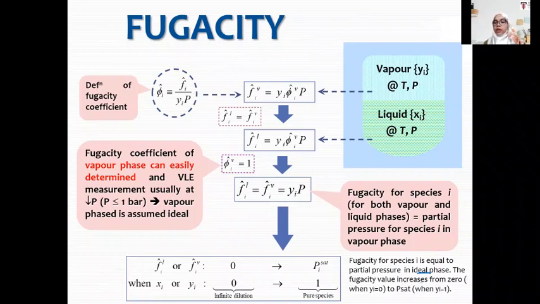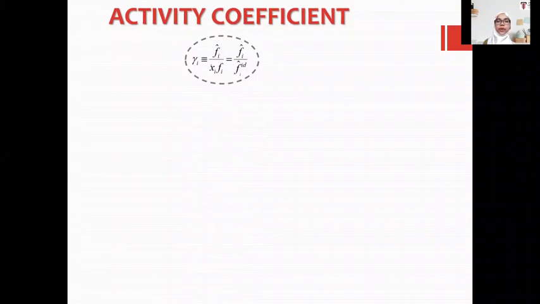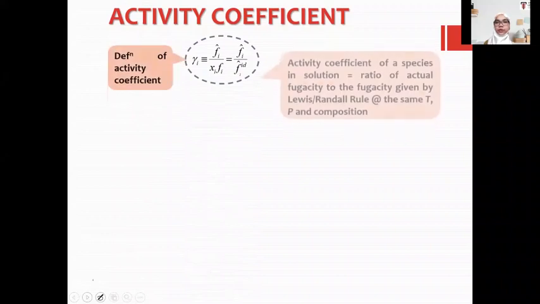The fugacity value increases from 0, when the vapor phase for the species is at zero, to the saturation pressure, at which the vapor phase equals 1. The activity coefficient is introduced when we deal with a solution, or a species in a solution, and that gives us the concept of the Lewis-Randall rule.